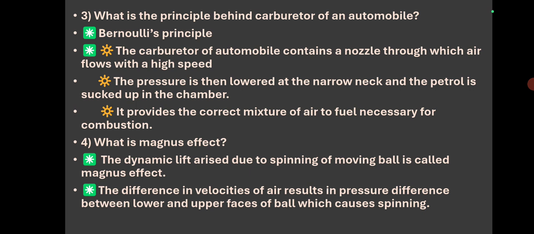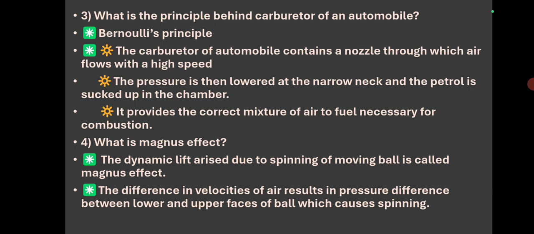So when air flows at high speed, the pressure is lowered at the narrow neck. And when pressure is lowered, the petrol is sucked into the chamber. Now it provides the correct mixture of air to fuel in order to provide the necessary combustion and the vehicle runs. Combustion means nothing but burning the fuel.